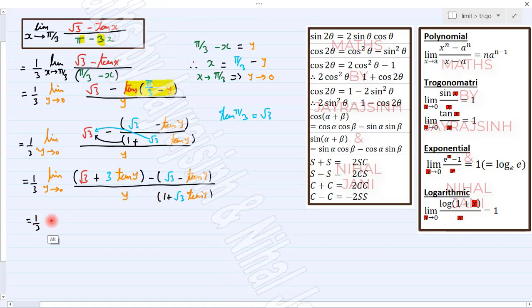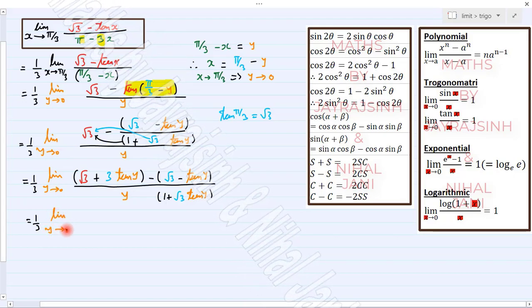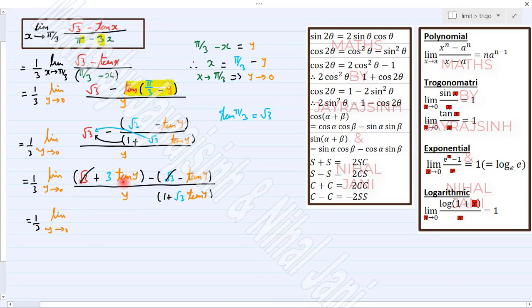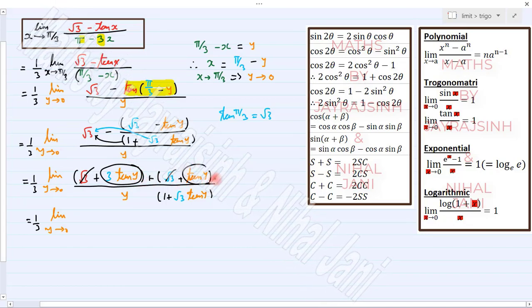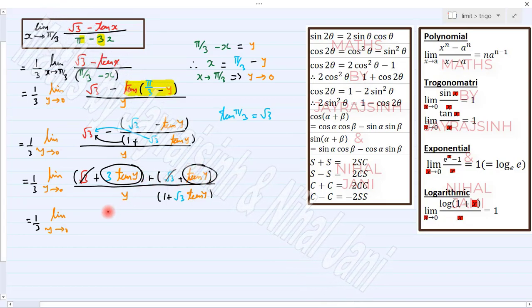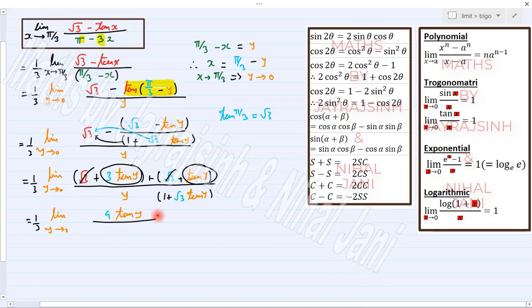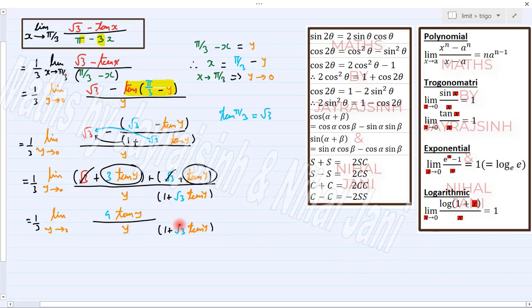Now 1 by 3 limit y tends to 0, and it's time to simplify our numerator. This root 3 will cancel out, and 3 tan y minus minus become plus tan y will give us 4 tan y upon your denominator will remain as it is.